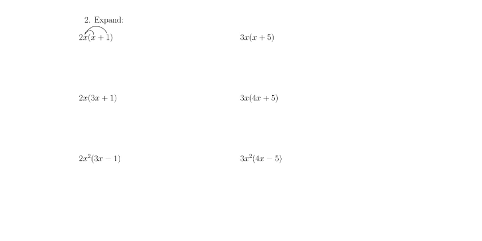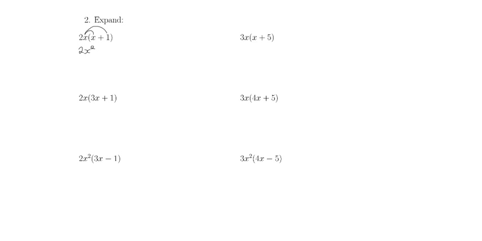If we remember how powers work, whenever you multiply something by itself, that's the same thing as doing it to the power of 2. So here we have 2x, and then we're multiplying it by another x, so this gives us 2x squared, or 2x to the power of 2.